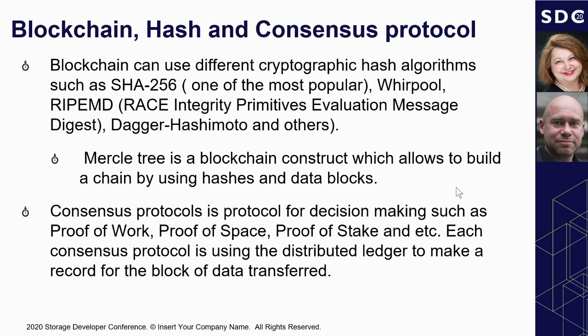Today, the consensus protocols which are commonly used are proof of work, proof of stake, proof of space, which we will be talking about, and many others. I'm sure this audience, one way or another, has interacted with that. Consensus protocols use, as I mentioned, a distributed ledger, and they make the record of the block, and then the data gets transferred to the next.